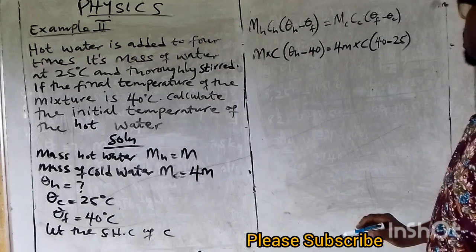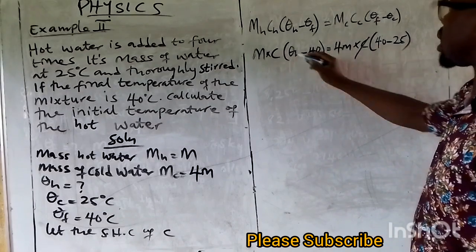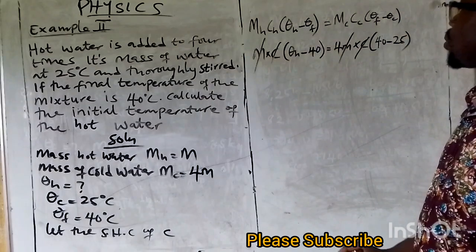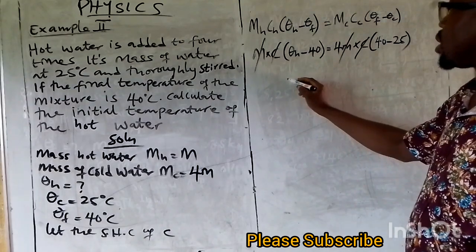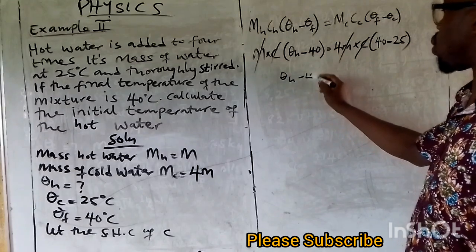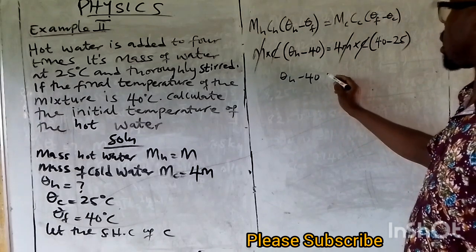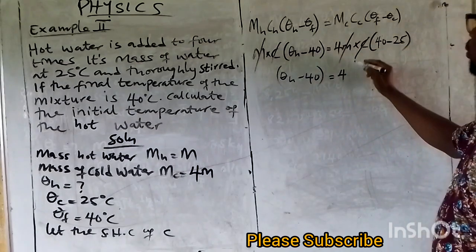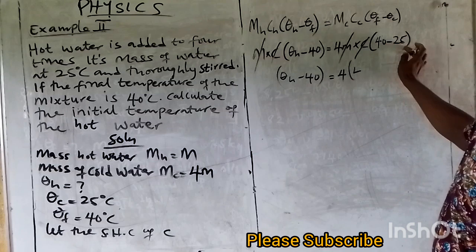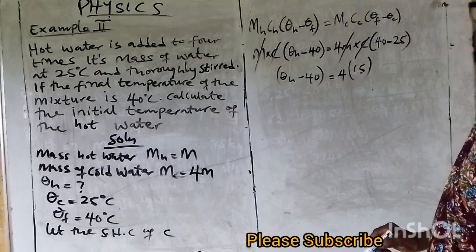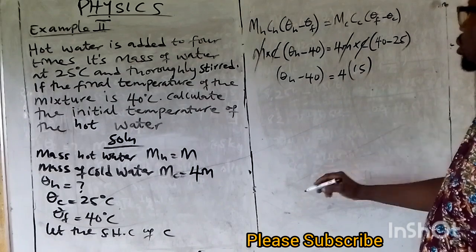Having stated like this, C can take care of C here, M can take care of M. We will now have theta H minus 40 equals 4 into (40 minus 25, which is 15). So we'll open these brackets.